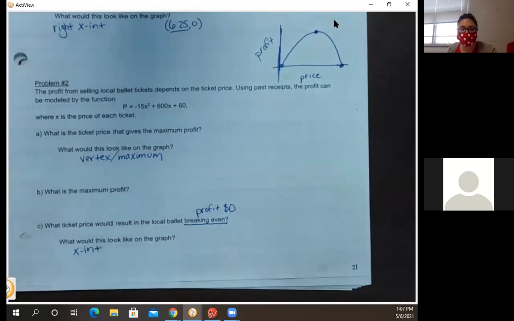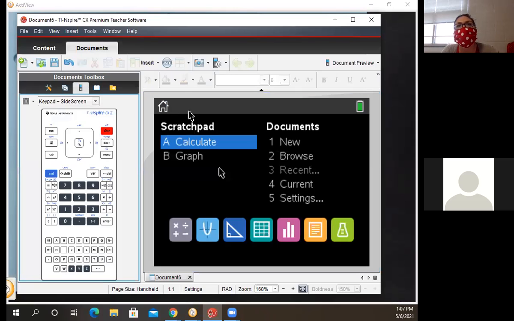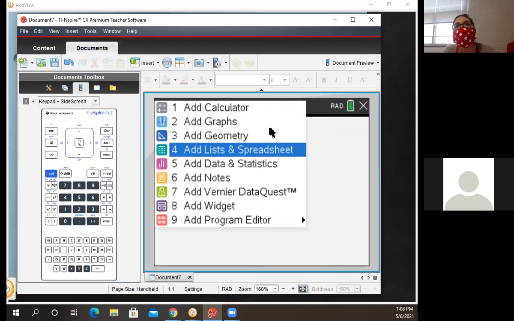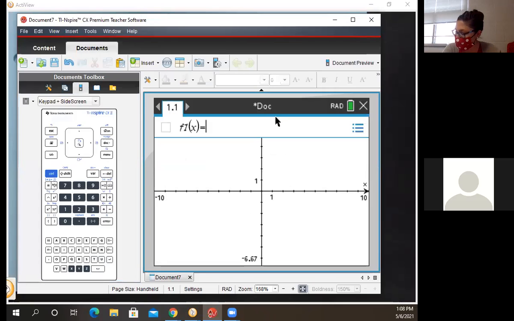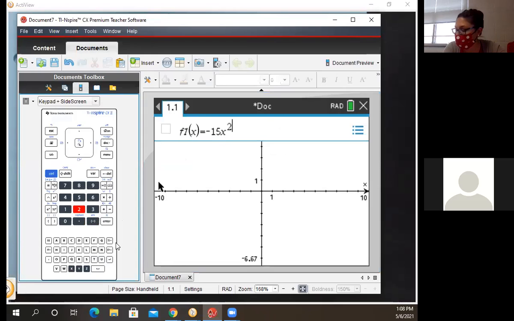Okay, so let's graph our function and then take a look at those key features. Let me pull up my calculator. I'm going to make a new page here and graph my function: negative 15x squared plus 600x plus 60.